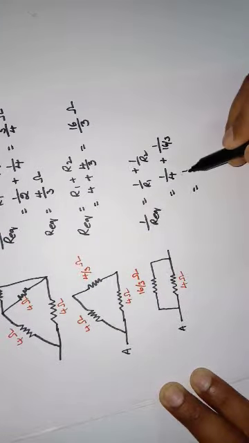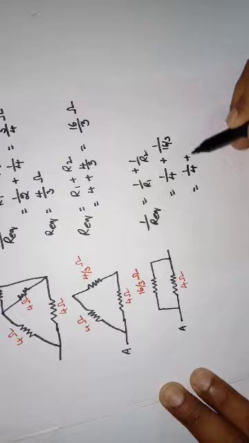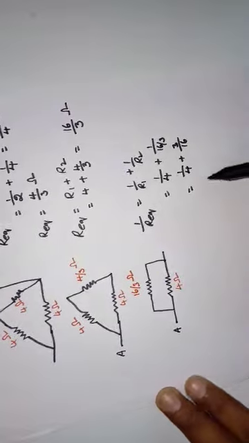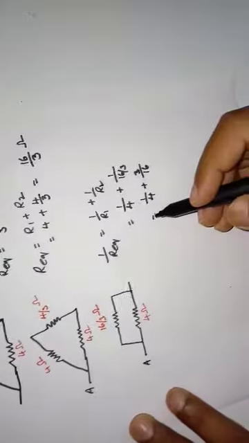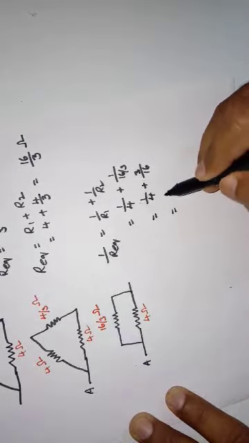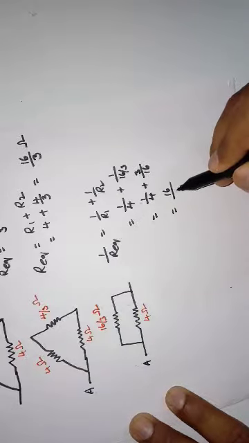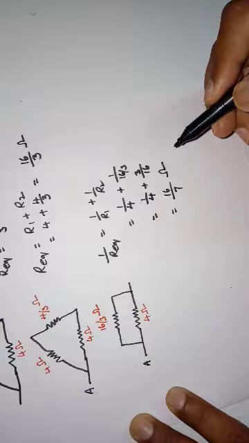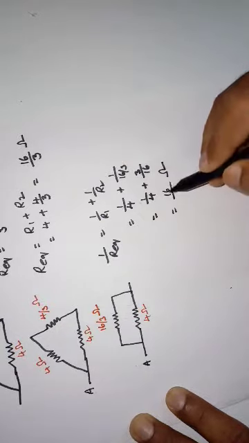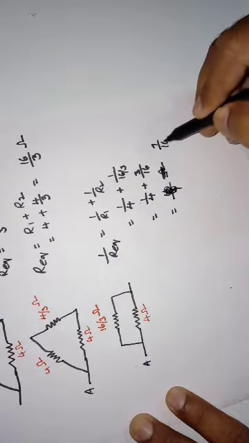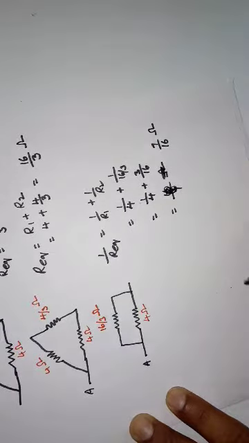By simplifying, we get 1 by 4 plus 3 by 16. If we simplify this, we get 7 by 16 ohms.